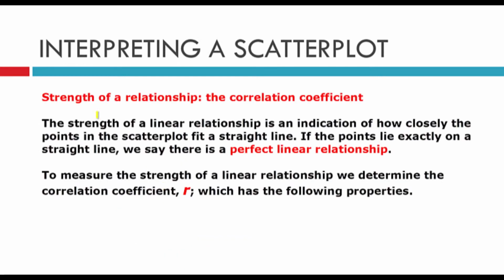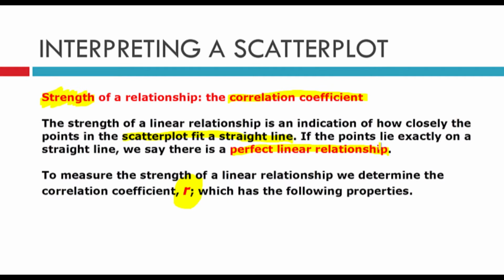Now we should be looking at the strength of the relationship, and the strength of the relationship is known as the correlation coefficient, which we denote by the letter R. This indicates how closely the points in the scatter plot fit a straight line. If they lie exactly on a straight line, we say it is a perfect linear relationship. That's very hard because they have to be exactly in a straight line.